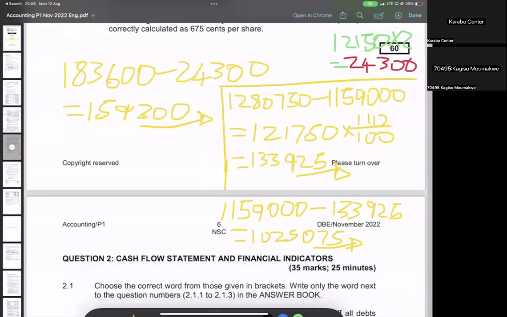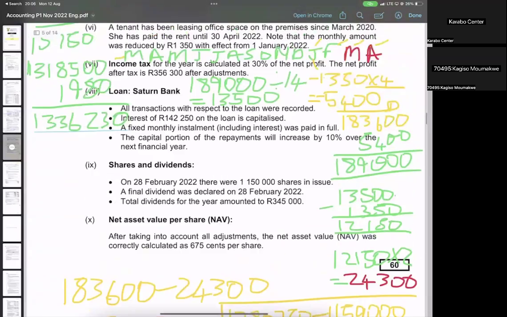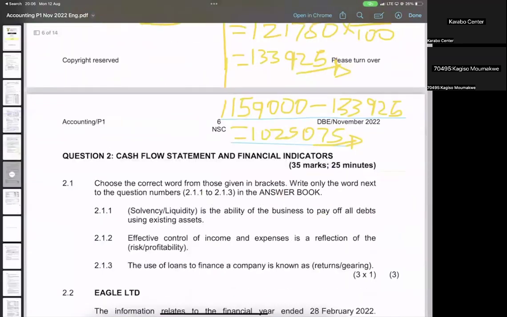We're about to finish, Kari, so hang on there. So your 1,025,075 would be your mortgage loan.